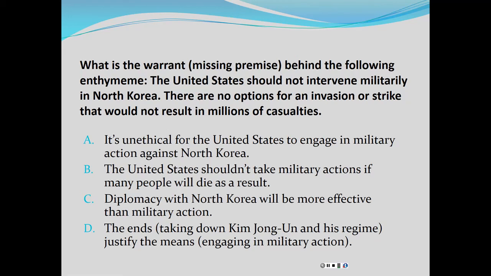Again, your name, your lab instructor, your section number, and your answer. When you have that, you can leave it up here. If you're not particularly interested in the answer, you're free to go. If you are interested in the answer and the rationale behind it, I'm happy to unpack it for you.